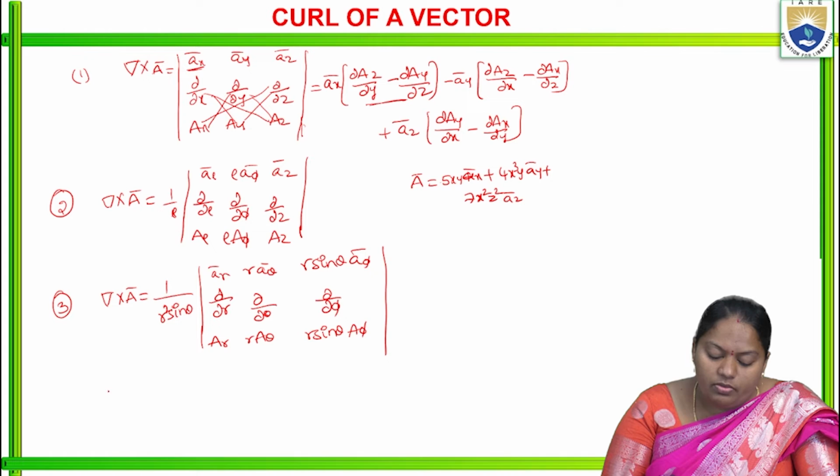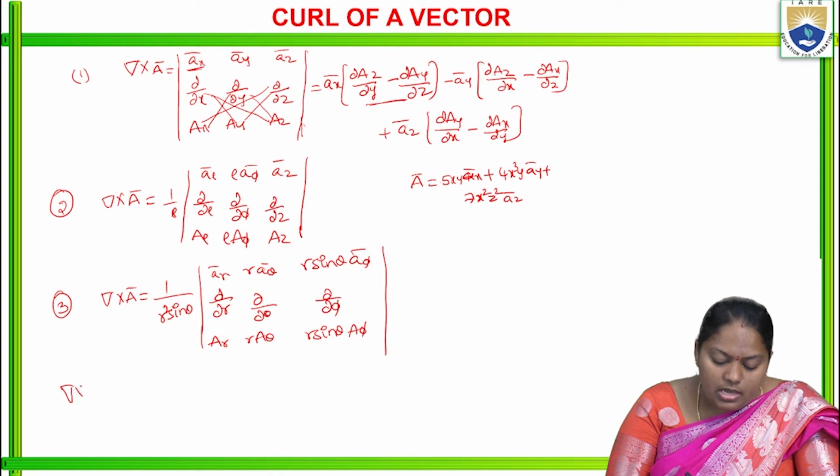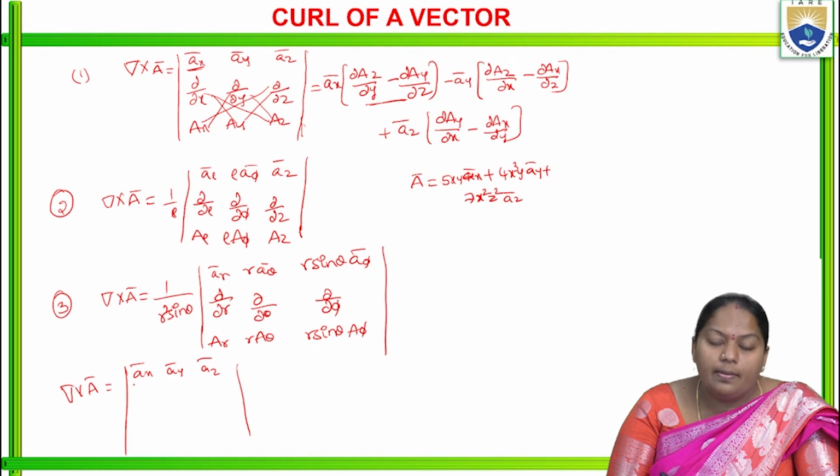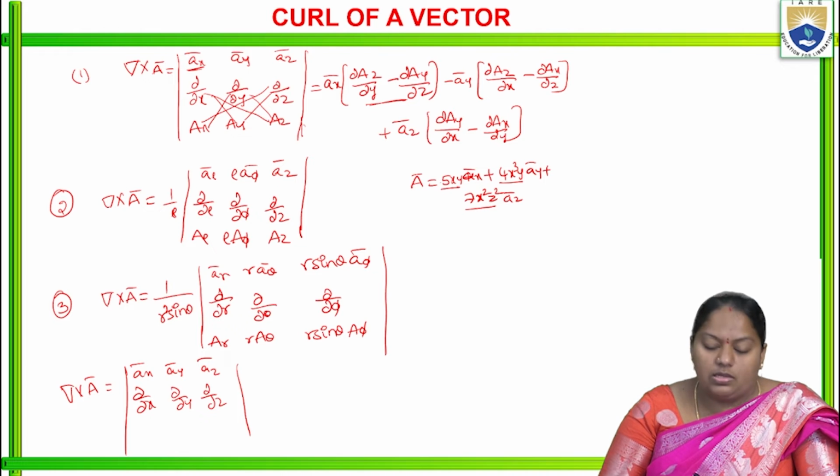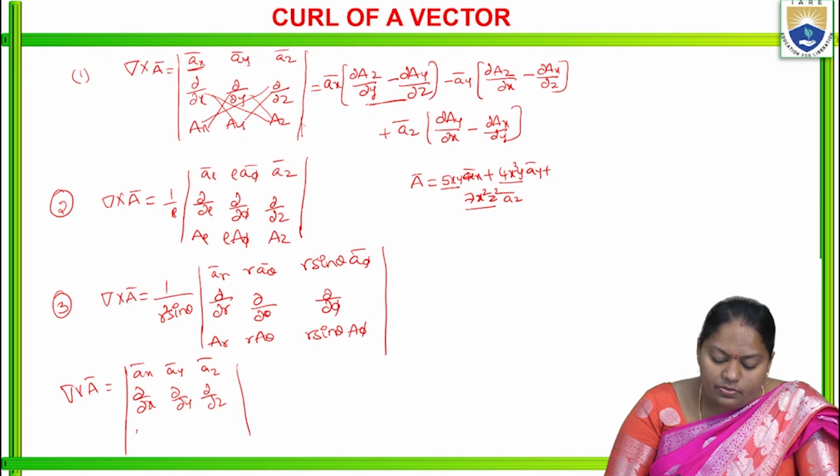Del cross A bar can be written as the determinant of ax bar, ay bar, az bar, dou by dou x, dou by dou y, dou by dou z, and the magnitudes of the three directions: ax component is 5xy, ay component is 4x cube y, and az component is 7x square z square.